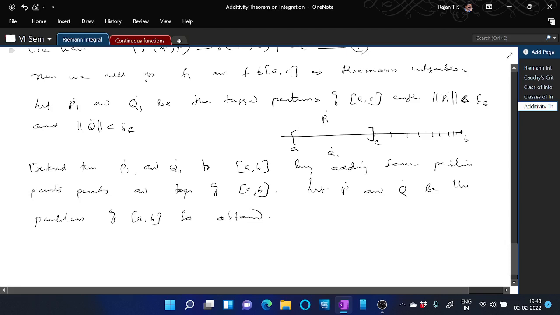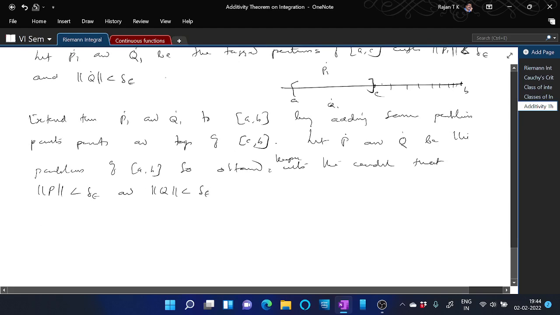Here we have taken it in such a way that P1 and Q1 are extended to P and Q with norm P and norm Q less than delta epsilon.